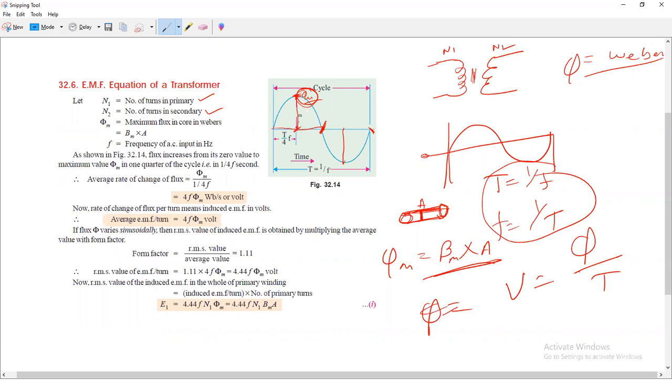This is the maximum flux, and in this time, this is the average time 1/4f. Okay, t is equal to 1/f, and these are 1/4f. Okay, all are clear? So this is the volt, equal to the maximum flux, and t is equal to 1/4f.